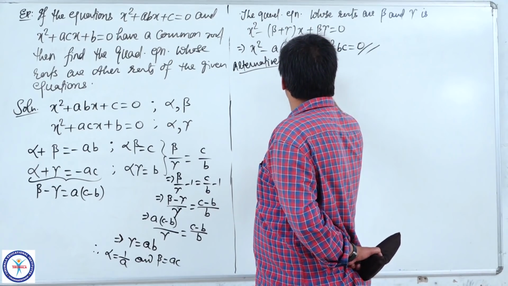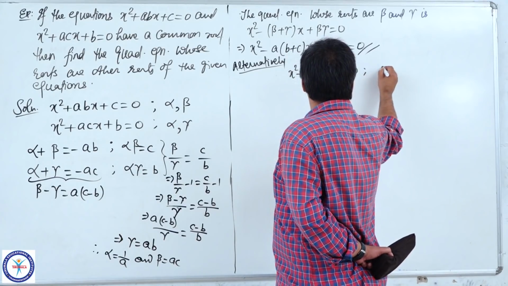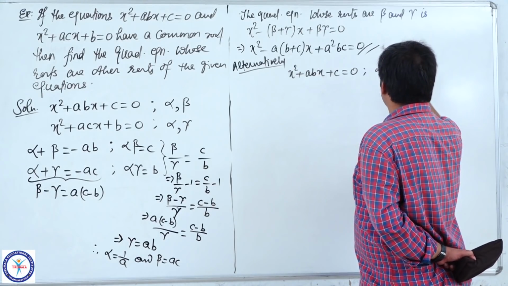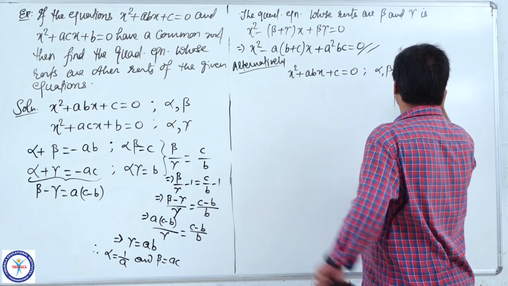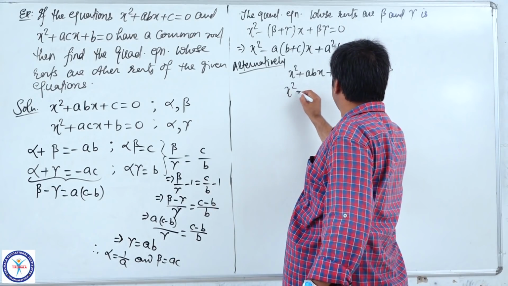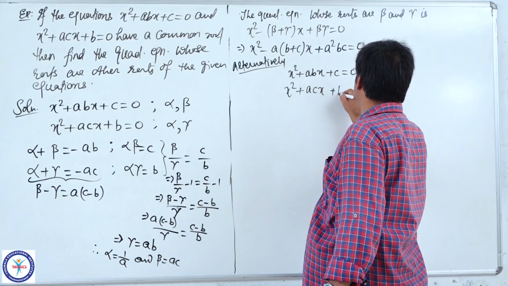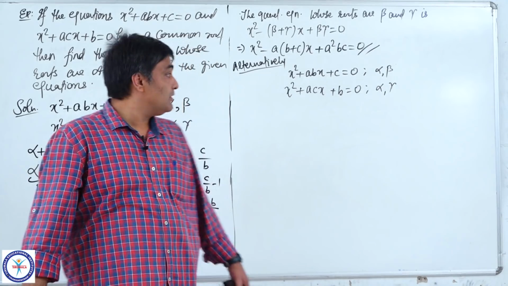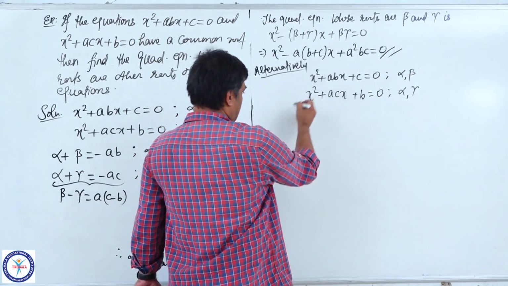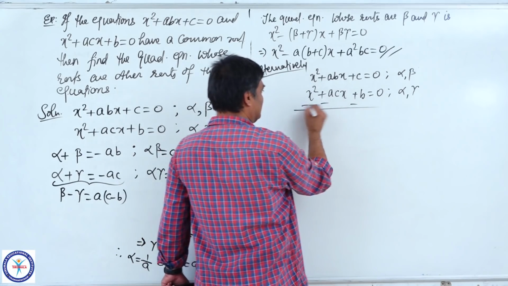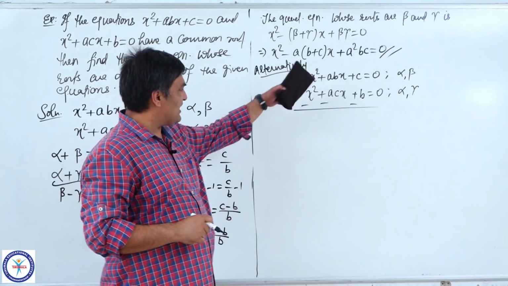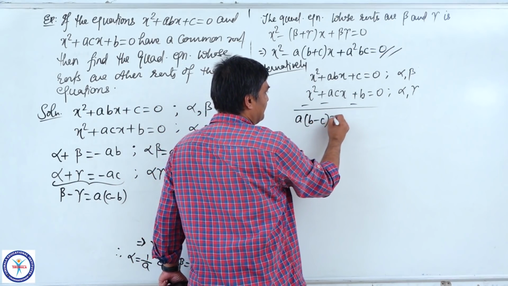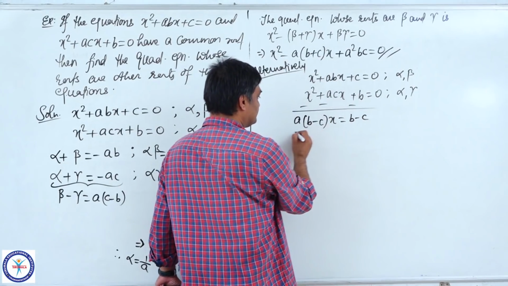x² + abx + c = 0, roots alpha, beta, and x² + acx + b = 0, roots alpha, gamma. Okay. Solving two equations means subtract. If we solve the two equations by the direct method, here we can directly say if we subtract, we will get directly the value of x.